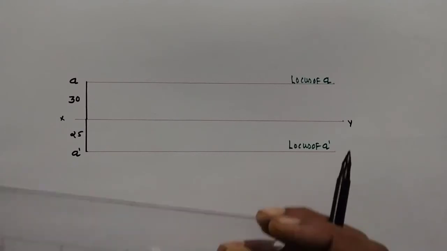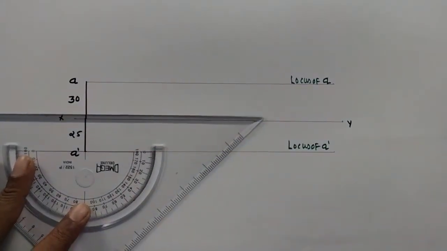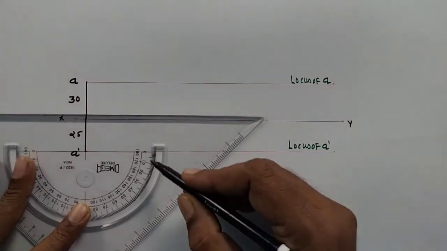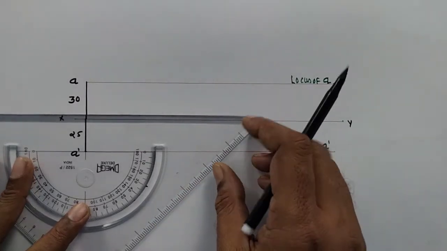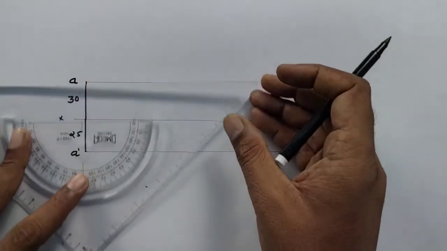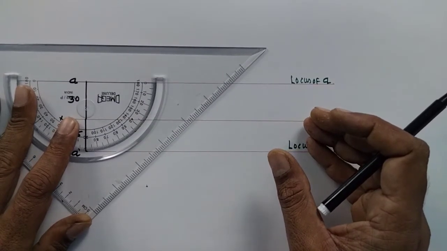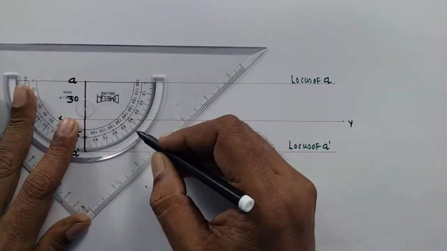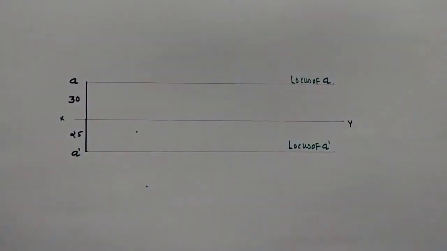So I draw the inclination line in the downward direction. I take the line inclined to HP, first 30° with A dash angle, and the second angle, line inclined to VP 45°.